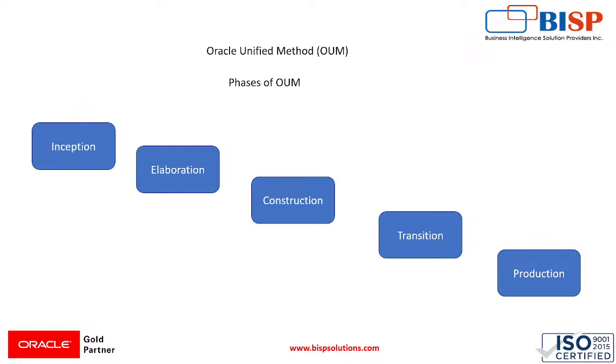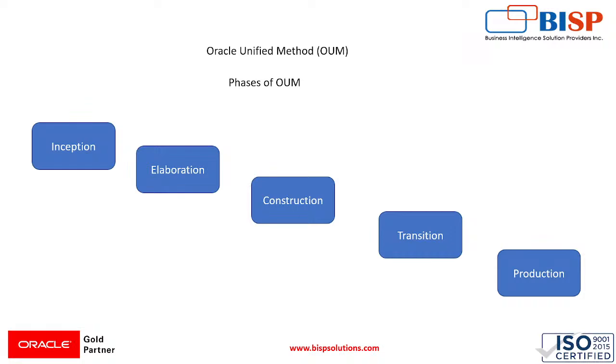So in this phase the testing comes up, and we have to provide the training as well, because after the completion of the project, when the UAT is done and all the configuration is done, we will integrate the project into Oracle Fusion.